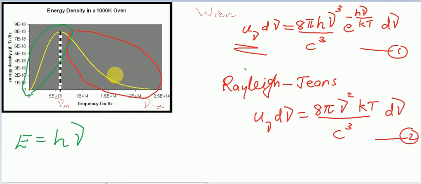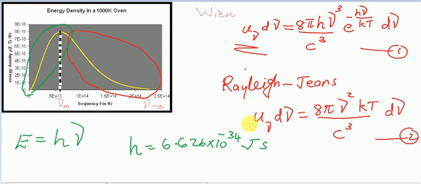So the energy changes with the frequency of emission or absorption. h is known as Planck's constant. Its value is 6.626 times 10 to the power negative 34 joule second. It is a universal constant.